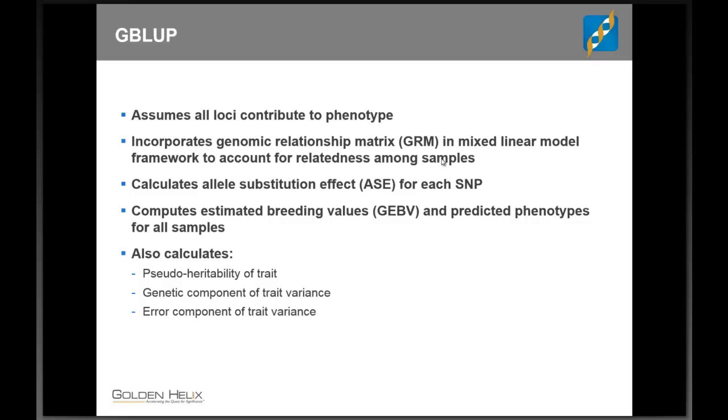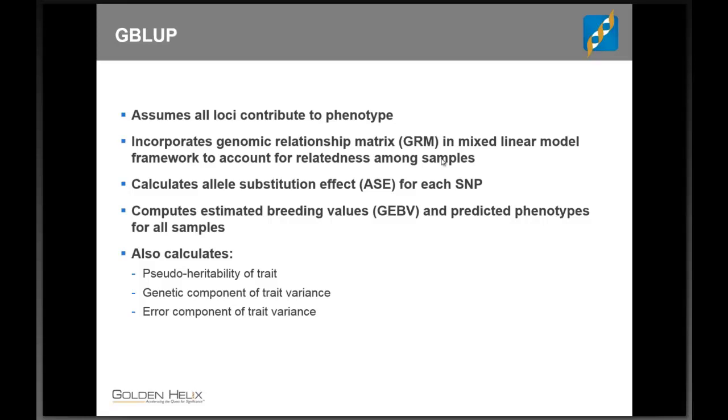Now that model is based on a mixed linear model framework. It incorporates a genomic relationship matrix, or GRM, which helps to account for relatedness among samples and make sure that no group or cluster of samples is too influential in the results of the prediction.